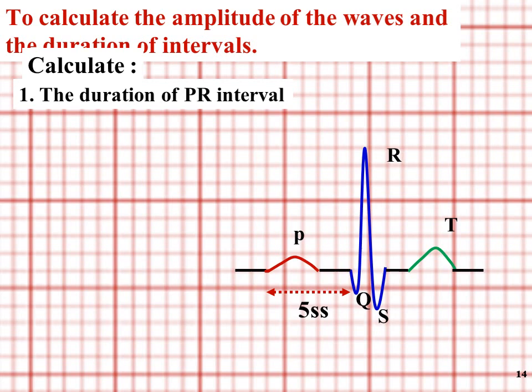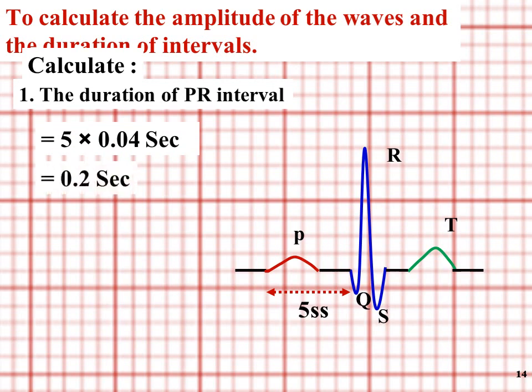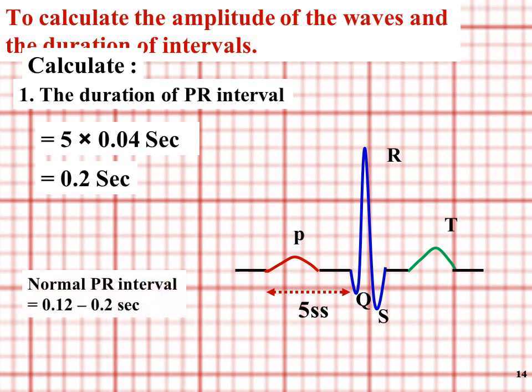So it's 5 small squares. 5 multiplied by 0.04 second equal to 0.2 second. What is the normal PR interval duration? The normal duration of PR interval is 0.12 to 0.2 second. So this is normal.